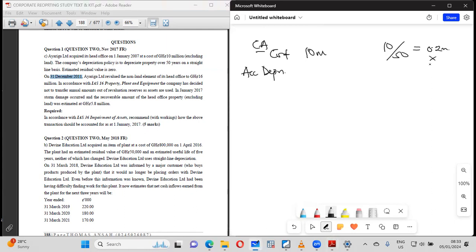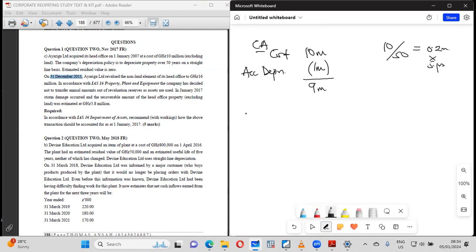If you multiply this one by 5 years, it gives us our accumulated depreciation, and that is 1 million, right? So we get our accumulated depreciation. And what do we have here? We have it like 9 million. That's it, right? Yeah.